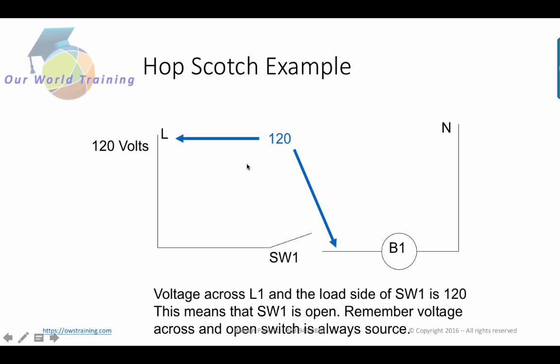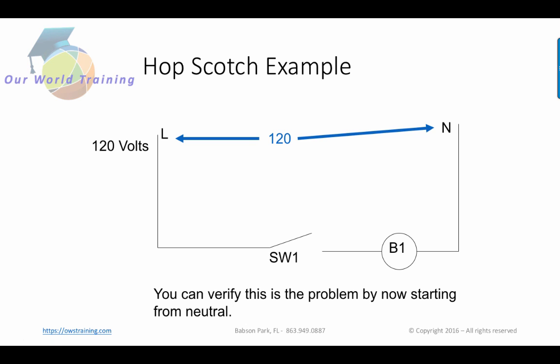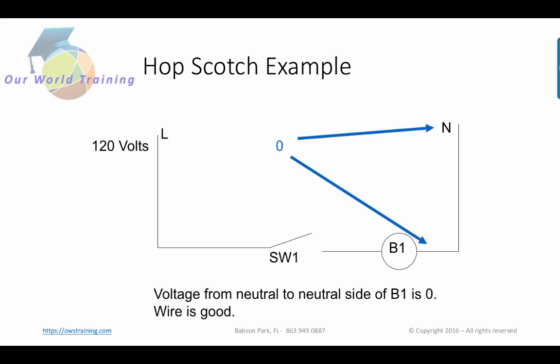Okay, we go from the line to the load side of switch 1. That means 120 volts, because switch 1 is open, and voltage across an open switch is source. You can verify that this is a problem by starting from neutral. Again, neutral to line is going to be 120 volts. That's your source. Then we go from neutral to the neutral side of B1, 0.